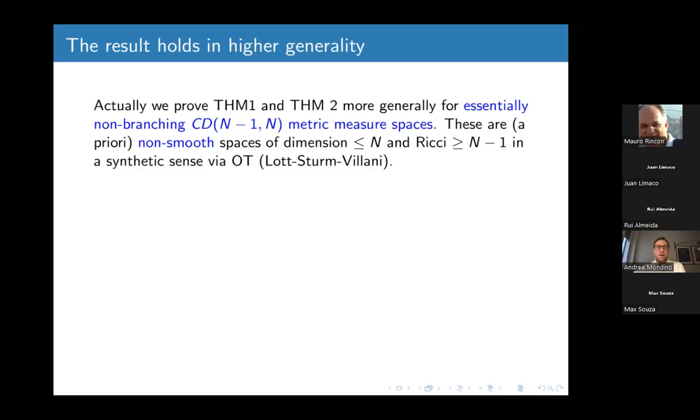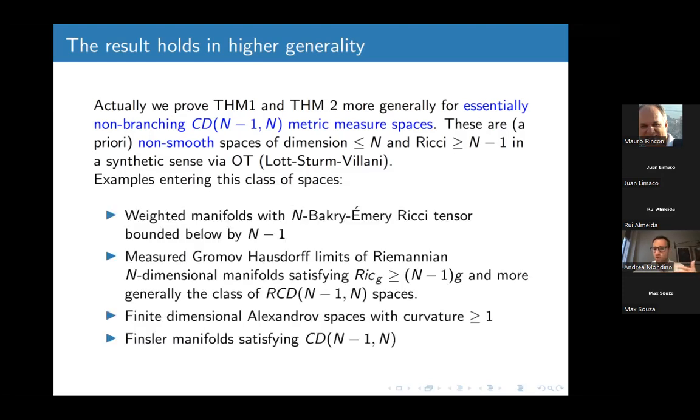So basically, you consider convexity properties of suitable entropy functionals in the Wasserstein space of probability measures, endowed with the topology given by L2 optimal transport. This is the approach by Lott, Sturm, and Villani. Okay, so I don't have time to enter into this topic.